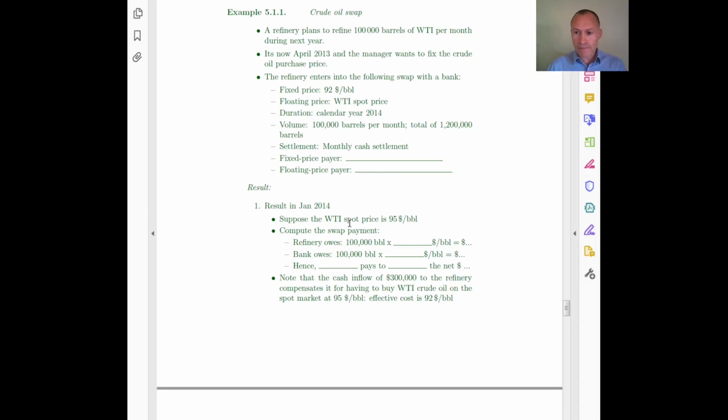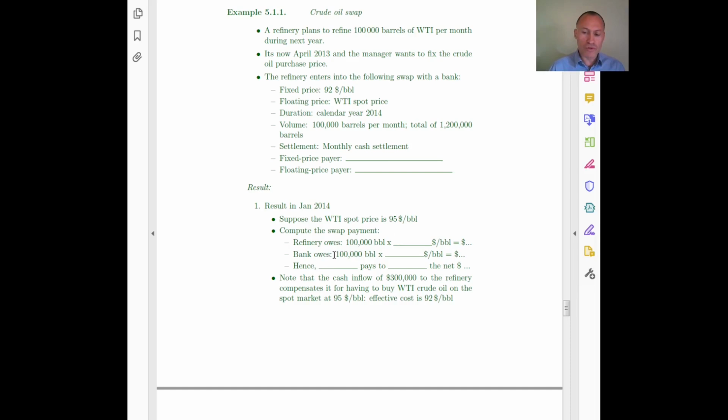So suppose a scenario. Suppose that in the first month of the swap, in January next year, the floating price, the WTI, is at 95. We are going to compute now the swap payment. The refinery owes the bank the quantity times the fixed price, the 92.